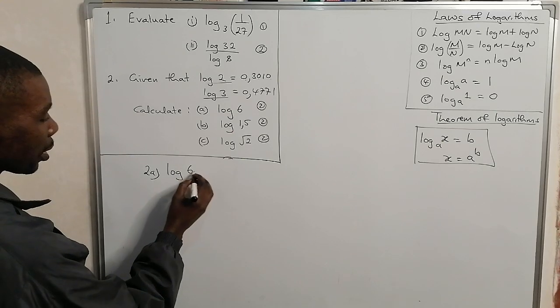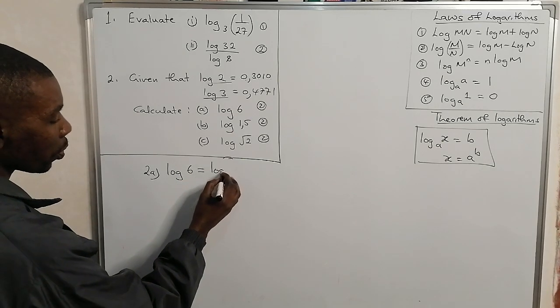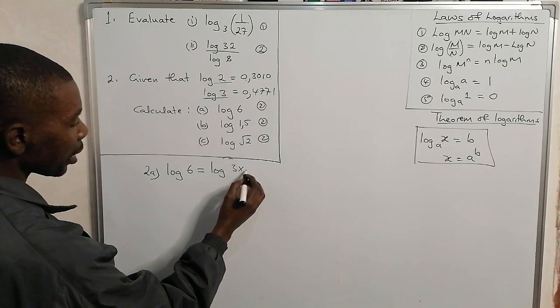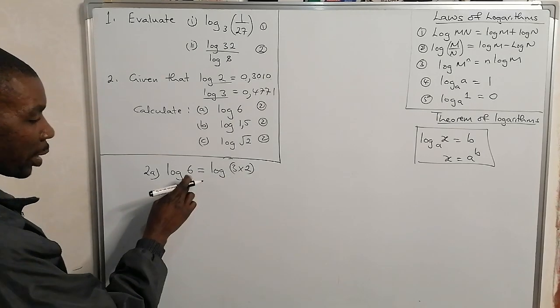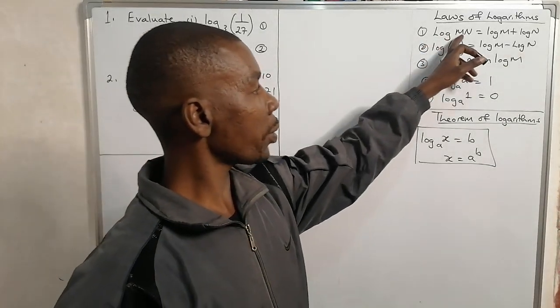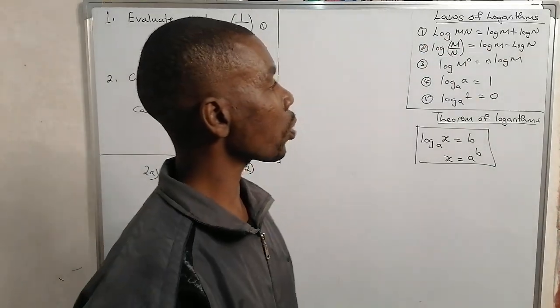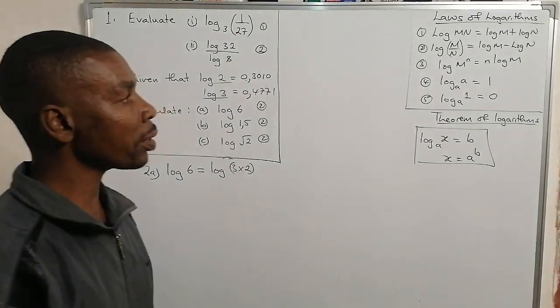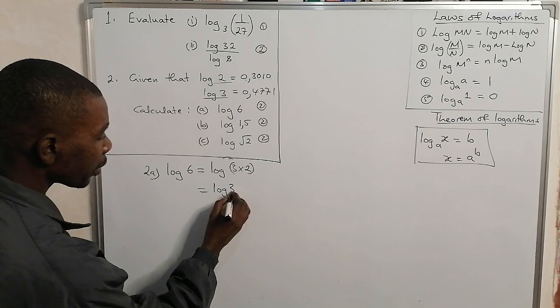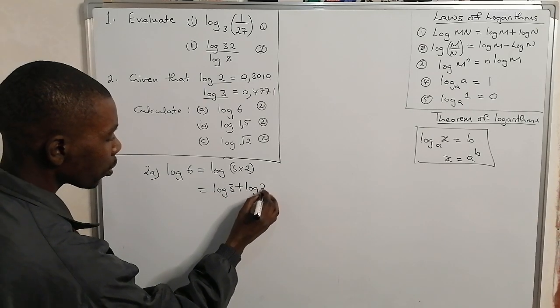Log 6 can be written, using these values, as log of 3 times 2. 6 is the same as 3 times 2. Using law number 1, log mn is the same as log m plus log n, which is equal to log 3 plus log 2.